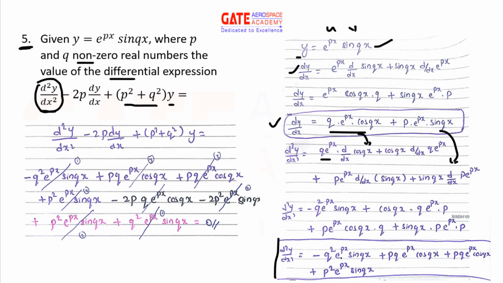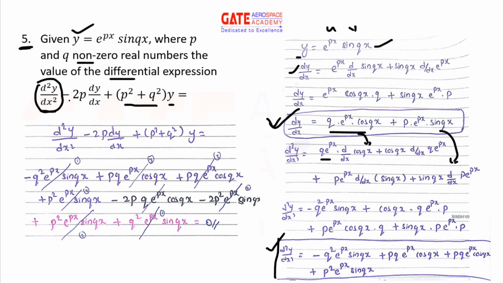So minus q square e power px sin qx plus pq e power px cos qx plus pq e power px cos qx plus p square e power px sin qx. Now we have the dy by dx term, the d square y by dx square term and the y term. We need only these 3, right? Now d square y by dx square, you can see that this violet color one is d square y by dx square.